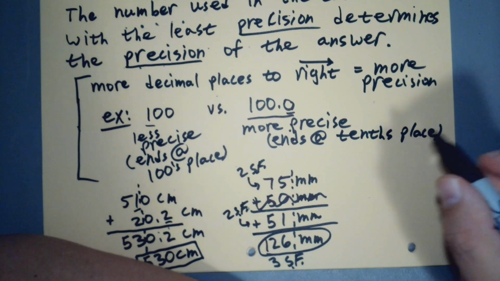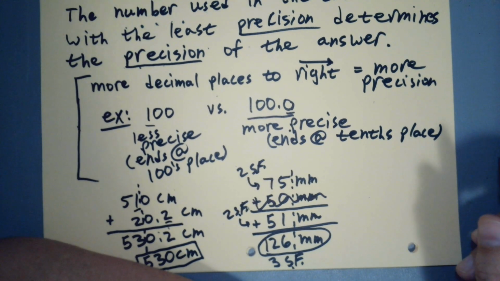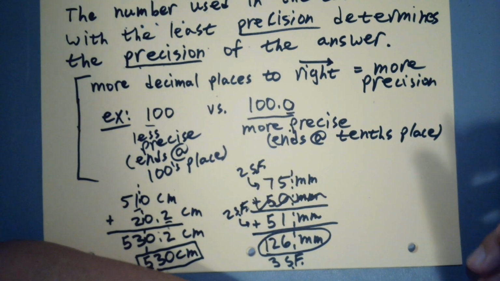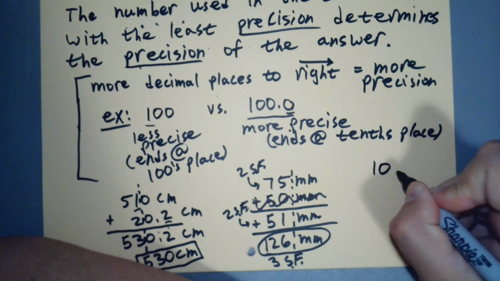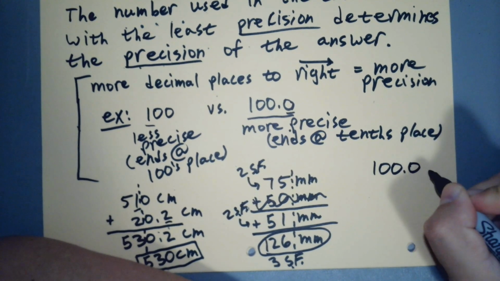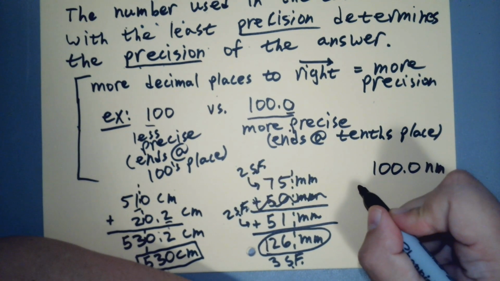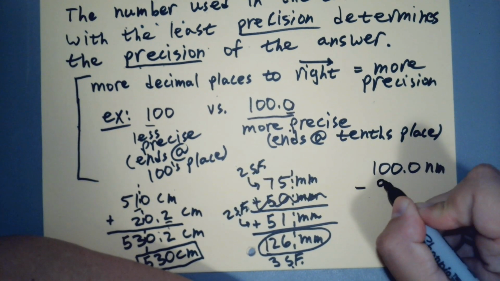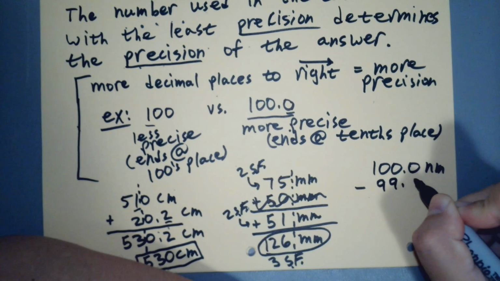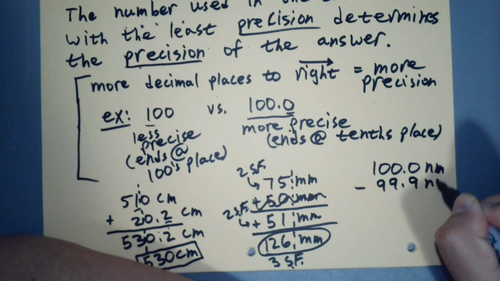On the other hand, subtraction can be evil. It can be the devil. So for example, if I have 100.0, we're just going to keep getting smaller. We'll go nanometers. Oh yeah. And I subtract from that 99.9 nanometers.